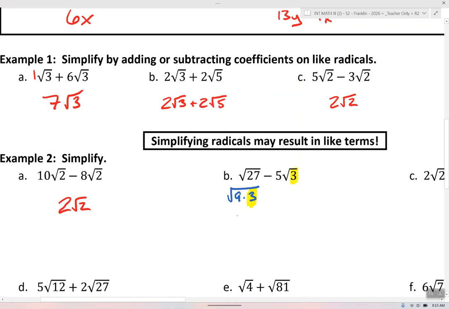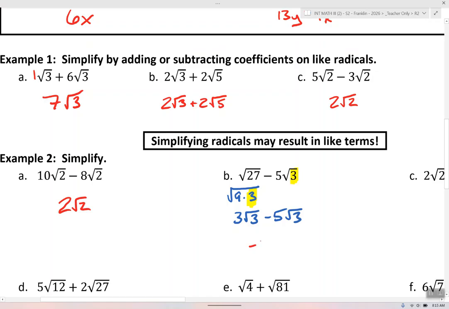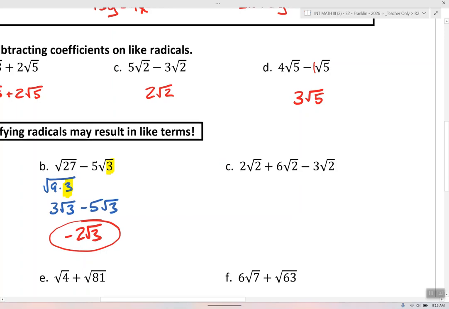Is 3 root 3 minus 5 root 3. And now I have like terms, and I get negative 2 square root of 3. So we can simplify our radicals by taking the square root of a large factor of the radicand, which might result in having like terms that we can then simplify again.